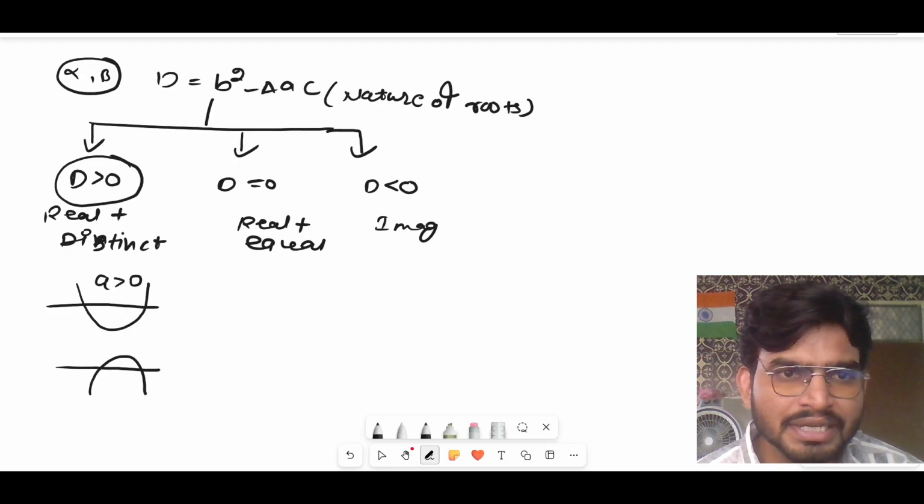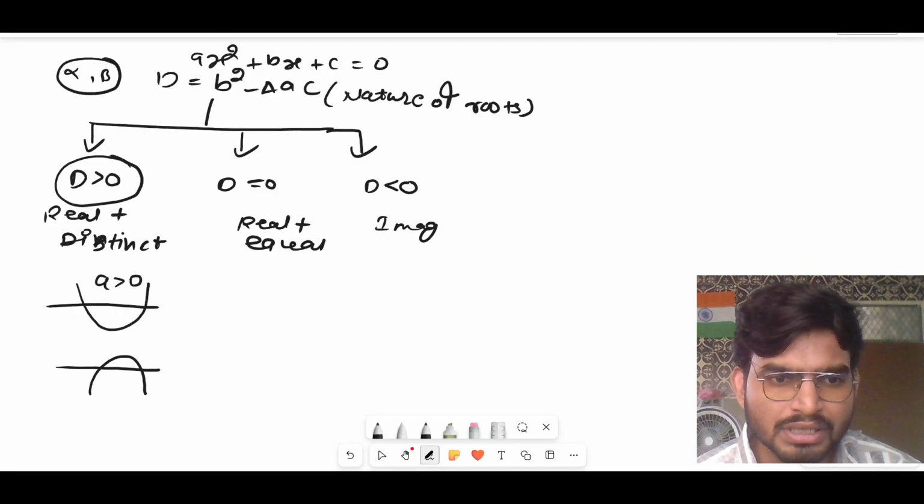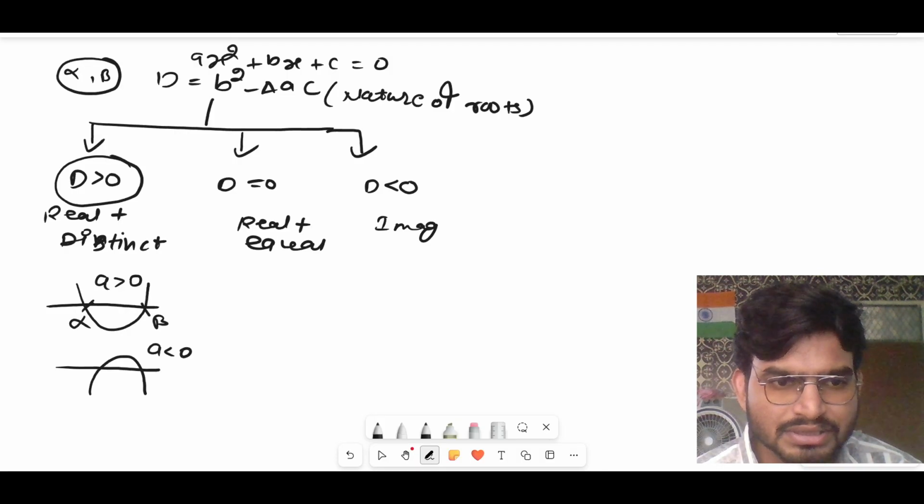What is a? In the equation ax square plus bx plus c equals 0, a is the coefficient of x square. If a is greater than 0, the graph will be upward, and if a is less than 0, the graph will be downwards. And here we can clearly see we are getting two different roots, alpha and beta.